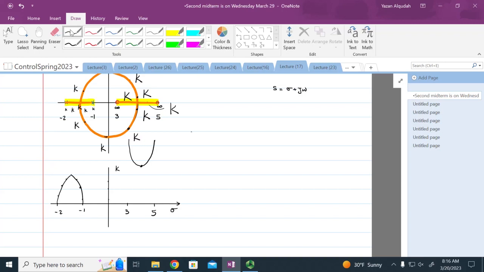So let's write down what we just said. When k is equal to 0, the root locus is at -1 and -2. As k increases, poles move closer to each other.